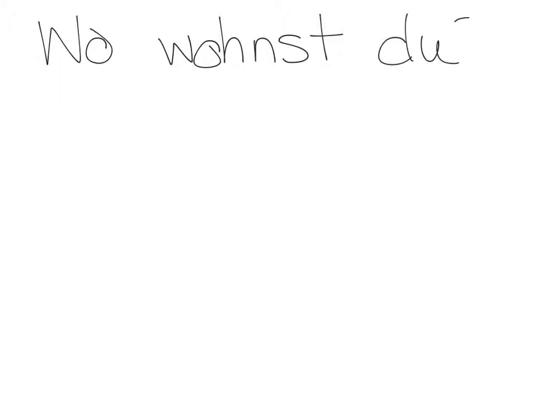Wohnst, yeah. So the original form is wohnen. Why are we using wohnst? Good. Yeah, you're changing the ending to match the du, because that's your main subject. So du is your main subject, so you use the st ending. Okay. So everybody try. Wo wohnst du? Okay, so where do you live?